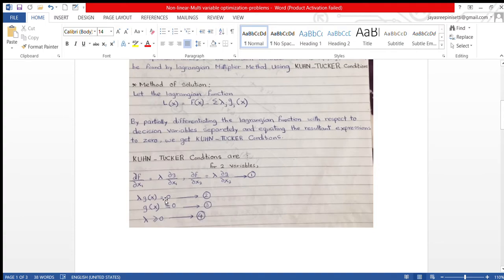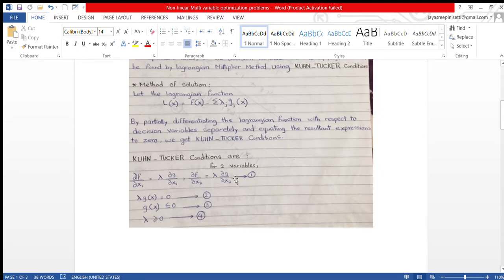These three are the Kuhn-Tucker conditions. Lambda times g of x should be 0. This is the Kuhn-Tucker condition: lambda times g of x is equal to 0. But it must follow two conditions: g of x must be less than or equal to 0, and lambda must be greater than or equal to 0.